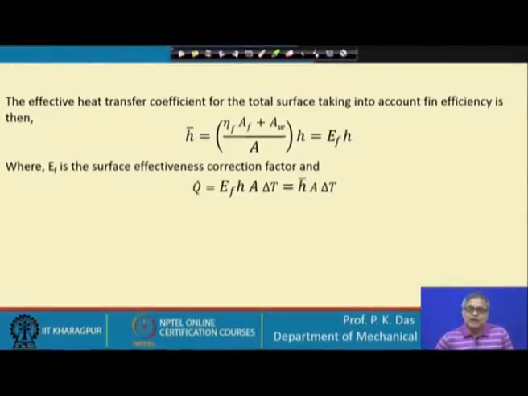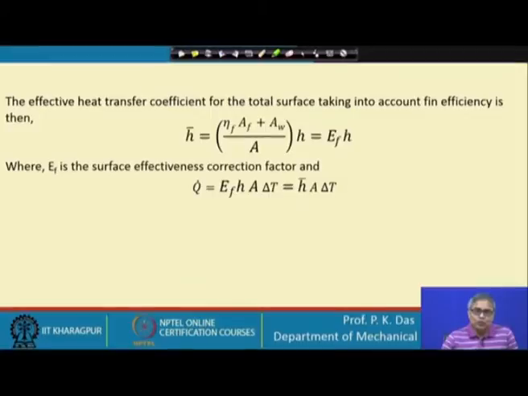Basically, we use the maximum temperature difference, but the maximum temperature difference is not available to the entire surface. So, the surface area is reduced by multiplying it with a factor which is less than 1. This is what you are familiar with.